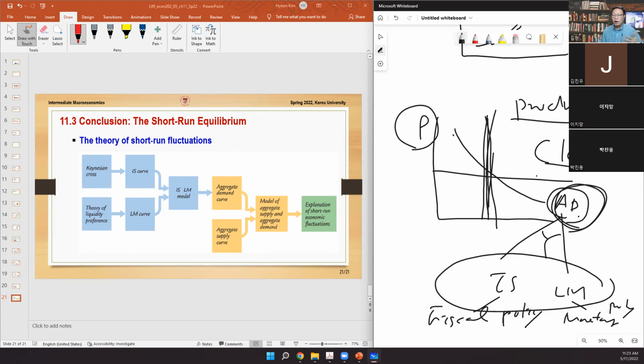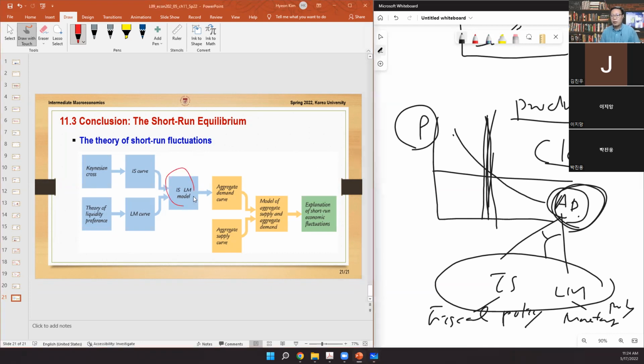But the relationship will be covered by this AD-AS curve with the additional assumption of short run and long run, sticky price and flexible price. That means we can deal with the two different approaches in one model.